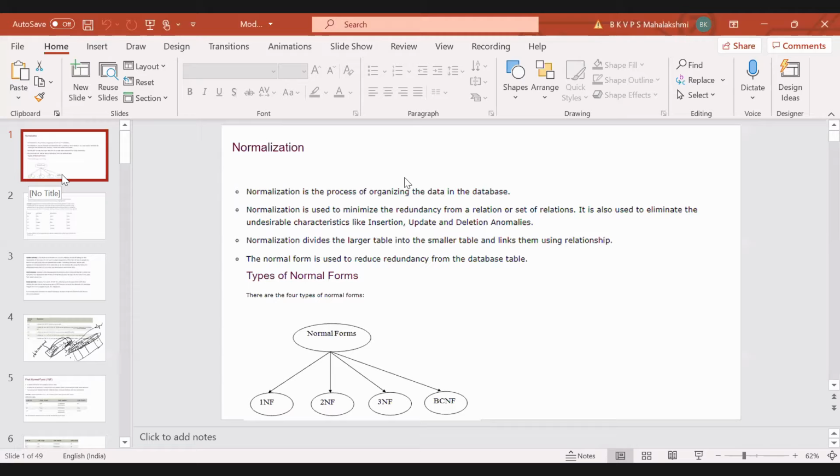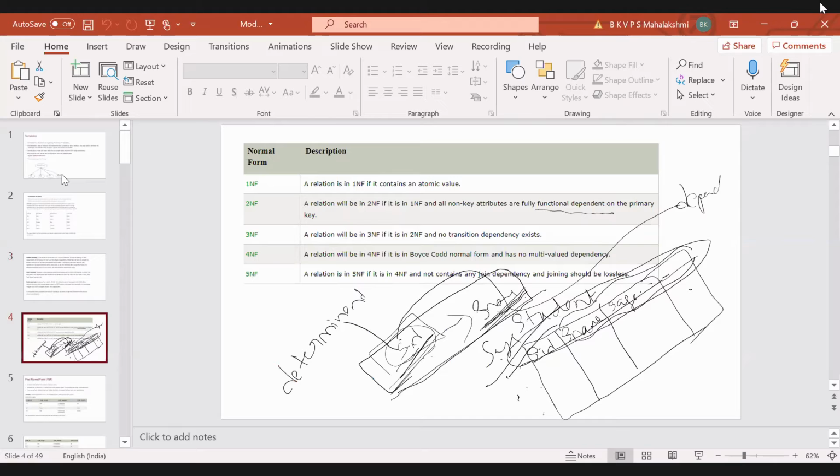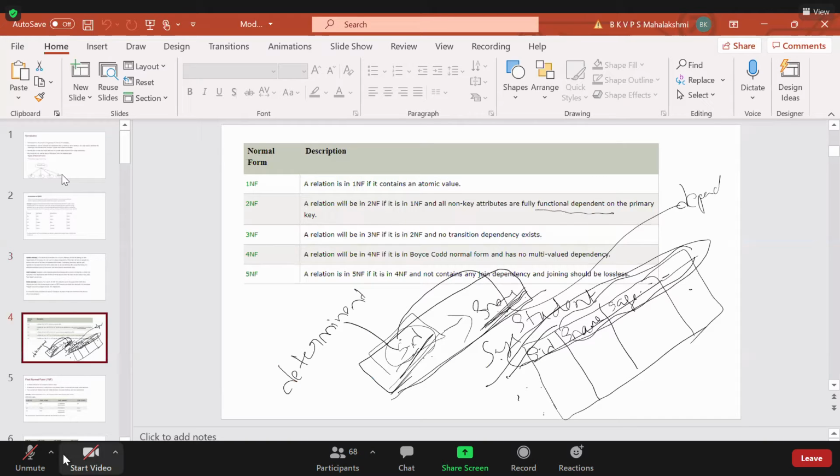You know what normalization and schema refinement are, and these are the difficulties: update, insert, and delete anomalies. So we can avoid all these anomalies using the process of normalization, and it consists of some normal forms.